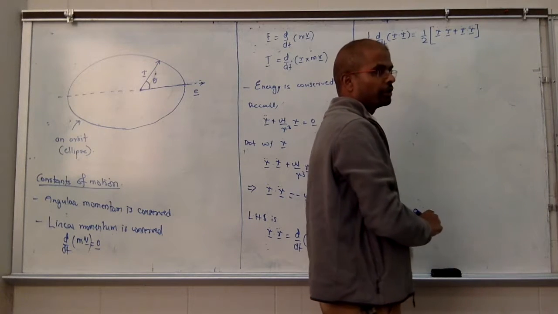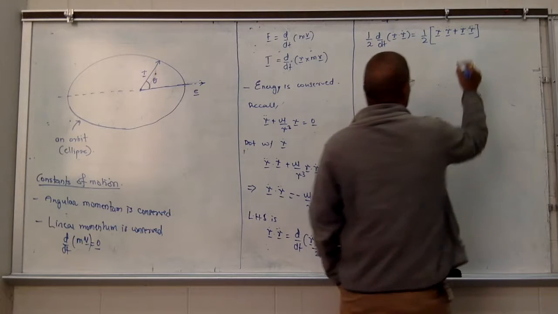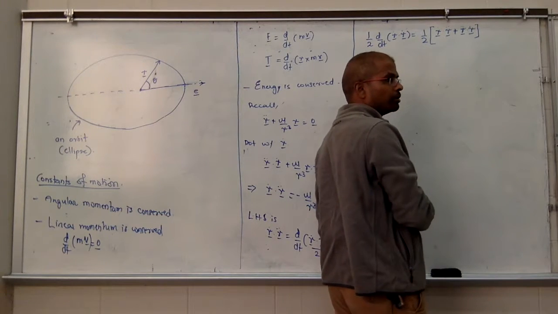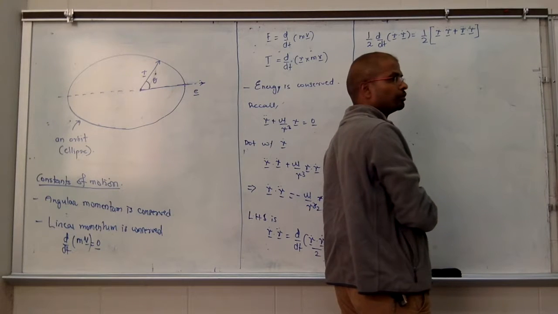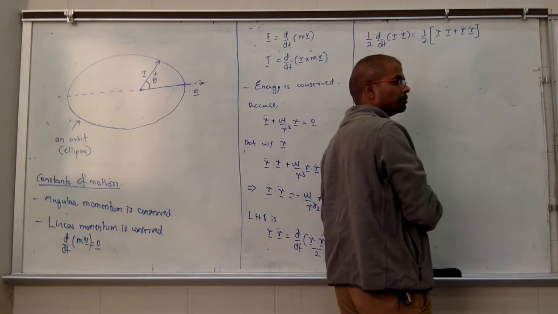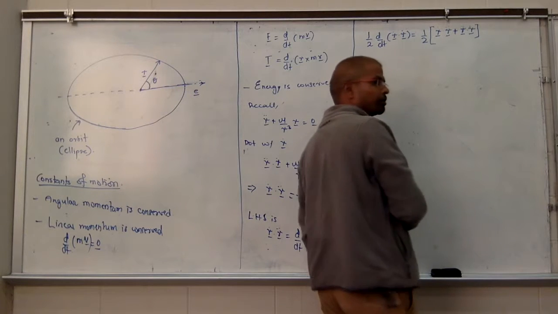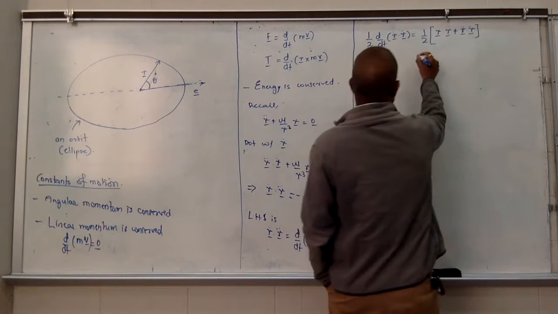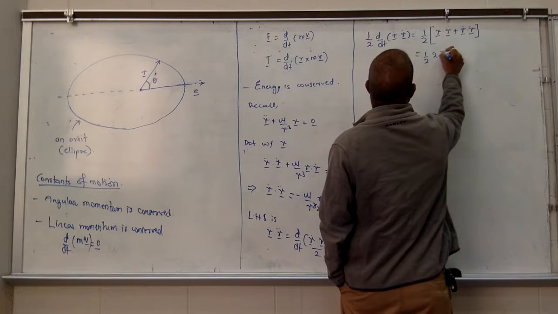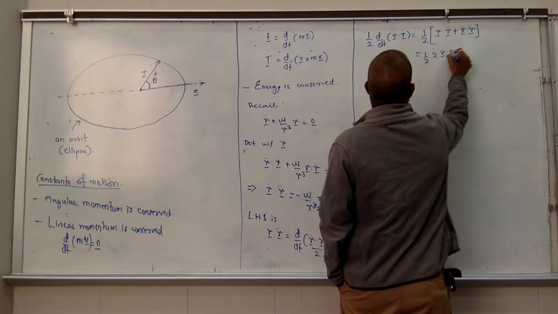It's commutative, right? Or you can say double dot. It doesn't matter. Are you strictly doing that side? Left hand side. Yes. Okay. So this is equal to what? Half 2 times R dotted with R double dot.